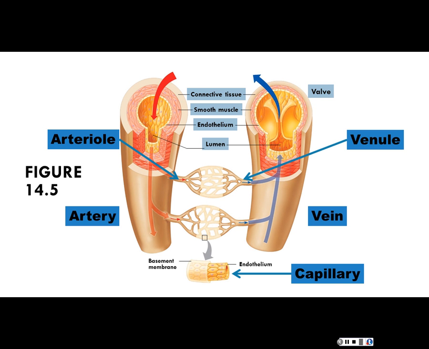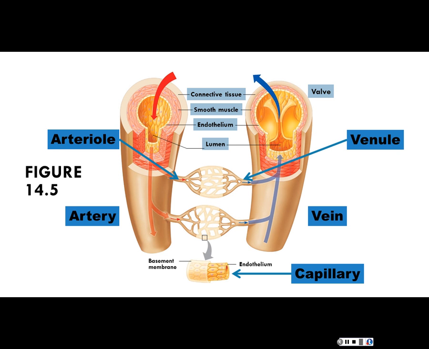We can see some thickness differences between the arteries and the veins here, though, in that smooth musculature. What's different? You see a thicker muscle mass in the artery than you do in the vein. It's a little bit thicker, artery versus the vein. And so, takeaway is?